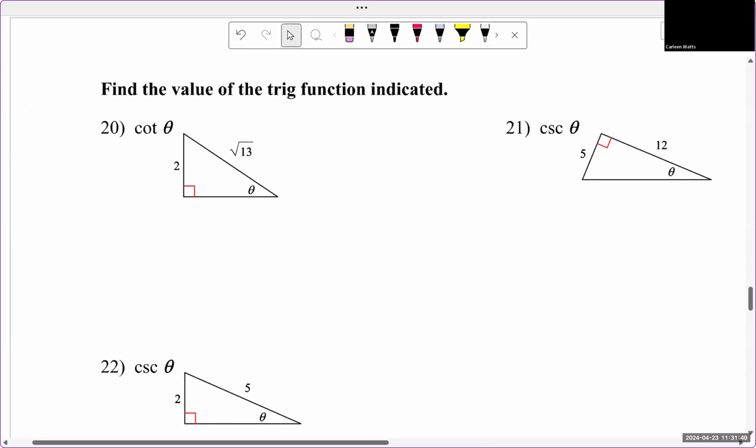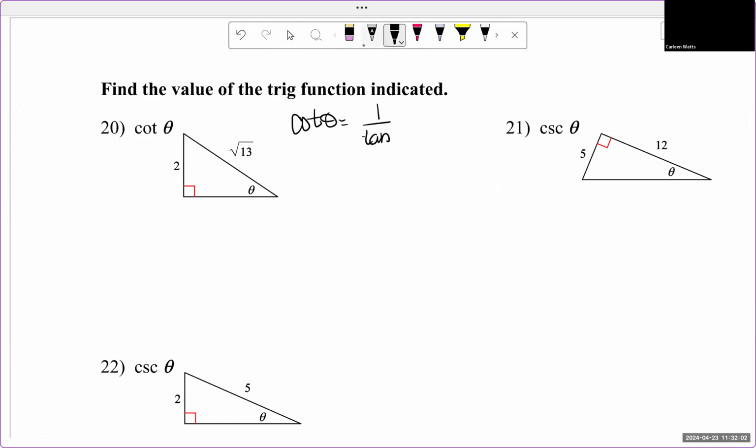Cotangent. Okay, these are reciprocal trig functions. Cotangent of theta is 1 over tangent theta. So we are going to find tangent and flip it. SOHCAHTOA.